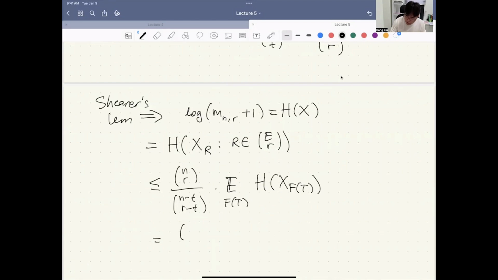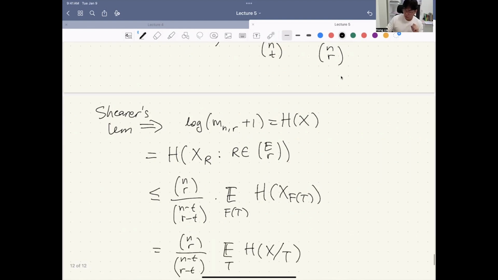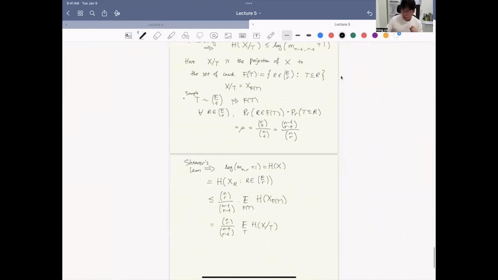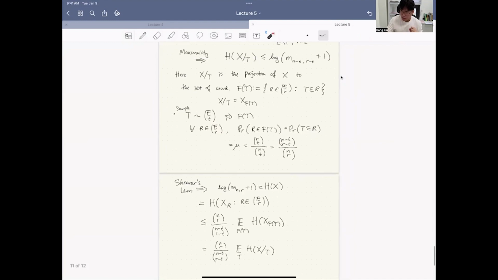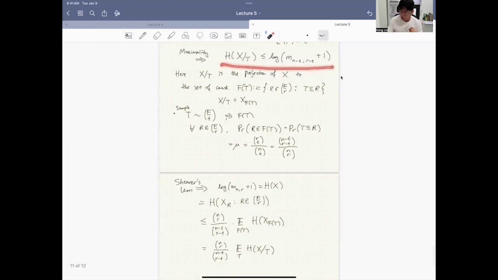And as I said, F_T depends basically on T, the supersets of T. And H of X_{F_T} is nothing but X with T contracted. We are done now because we mentioned that by maximality, X_T takes values in here. So this is true for any choice of T. So you can even get rid of the expectation and plug this in here. We are done.